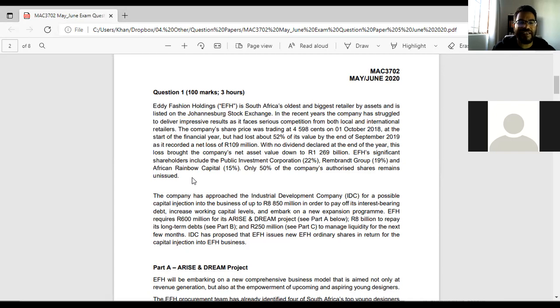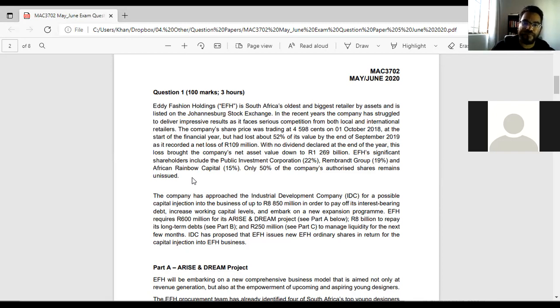EFH requires 600 million rand for its Arise and Dream project, 8 billion to repay its long-term debt, and 250 million to manage liquidity for the next few months. IDC has proposed that EFH issue new EFH ordinary shares in return for the capital injection into EFH's business. So there you can see what they want, and you can see the split.